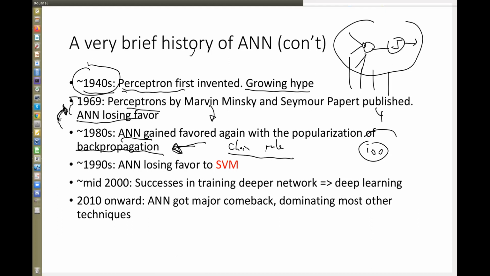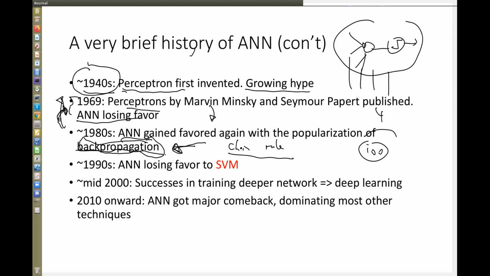The form we know now was probably first invented during the 70s, but then it got reinvented several times and popularized in the 80s. Before that, people didn't know how to train neural networks precisely. They trained them pretty ad hoc and it didn't go well. Now with backprop, they got a little bit better in training, actually quite a bit better.